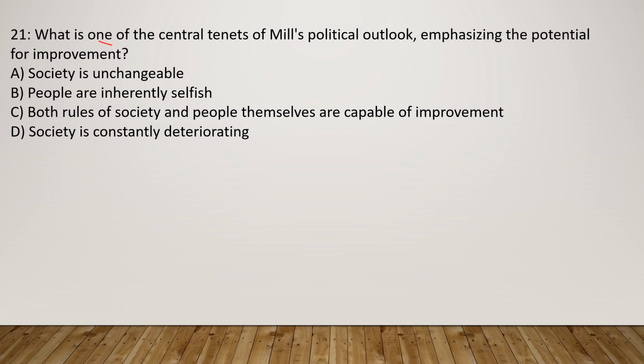What is one of the central tenets of Mill's political outlook, emphasizing the potential for improvement? According to Mill, both rules of society and people themselves are capable of improvement. Improvement is inevitable. In the absence of the support of society and people, improvement can't be done.